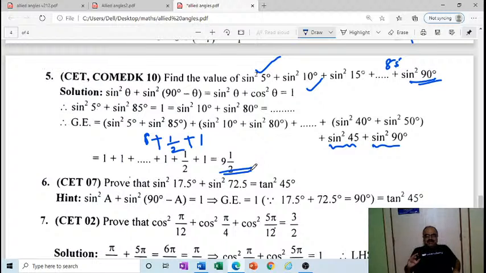Don't panic. You will not get any complicated numbers in it. Only the logic is made complicated so that you understand it and execute it. So 8 ones plus 1 is sine square 90's answer, and sine square 45 is 1 by root 2 whole square, 1 by 2. So 9 plus half is 9 and a half.